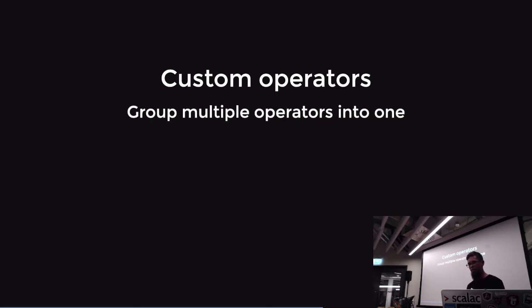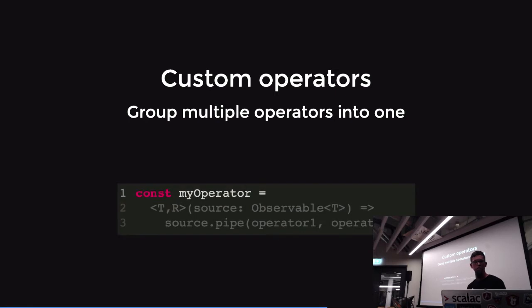The next really useful example of using them is to group multiple operators into one. This is something that I've used a lot in my past projects. The basic idea is that we have a function that takes a source, and then we pipe our operators, whichever we want to, and then we can use my operator as all of them chained together.